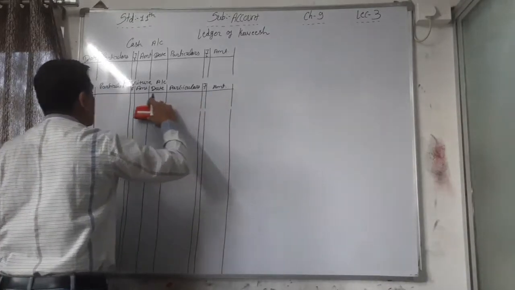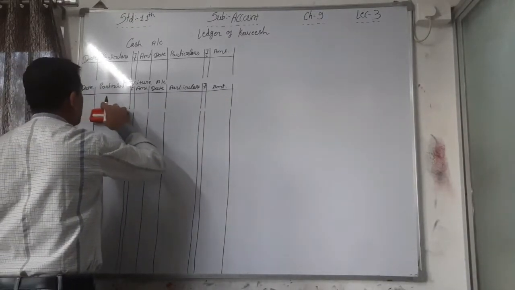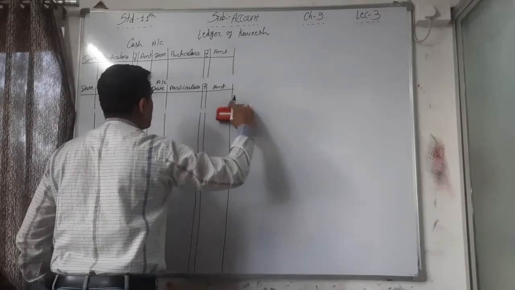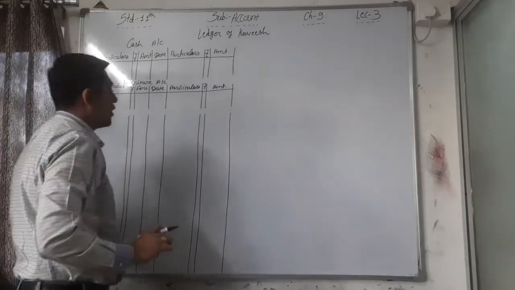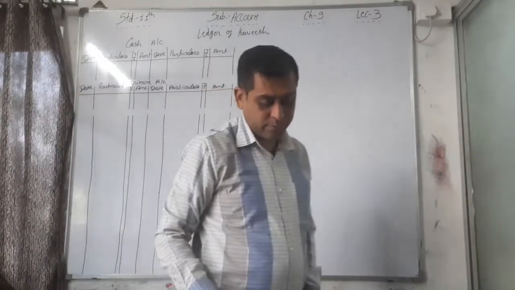That's why here the second entry. Next account is which account?